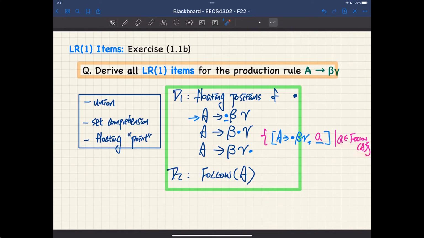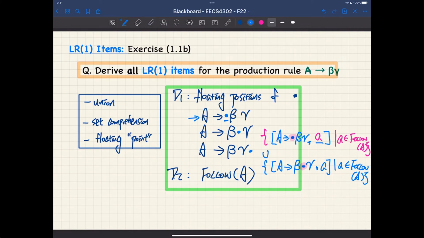It's just that the bullet point is going to float. So we're going to say union with A produces beta. We have recognized it, so now we are here. Gamma and then A, such that A is a member of the follow of A. The only thing that's changed is where the bullet point is.